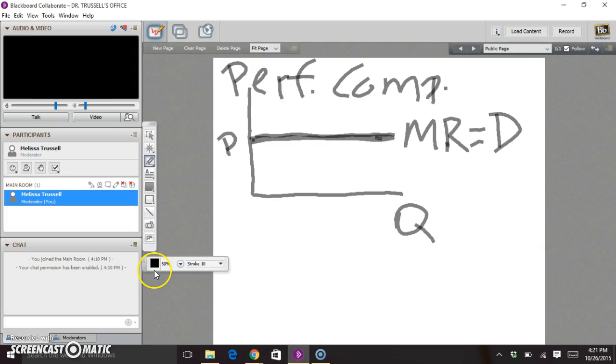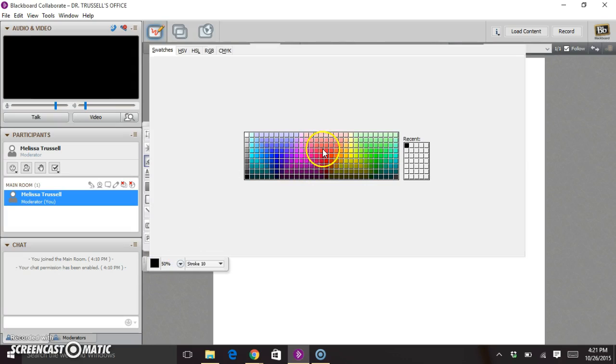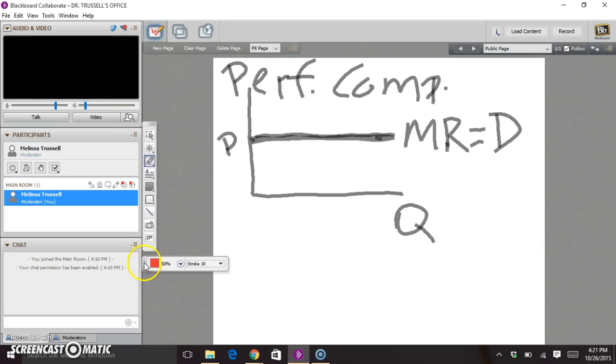But let's switch colors here and talk about a monopolist. So a monopolist is the only firm in the entire market for whatever good they're selling or service they're providing. And so the monopolist doesn't have this situation where the market is setting the price for them. In the monopolist case, the price is set by the demand for the product.